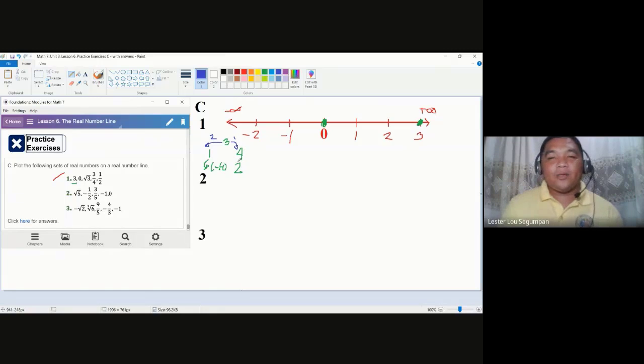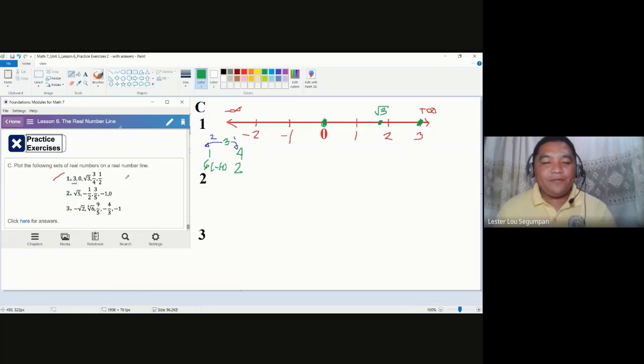So square root of 3 is closest to the square root of 4, which is 2. So we can simply write here, probably in this area, or you could get a more specific value of it, to the nearest hundredth, to locate it properly. But since again there is no other competition here, this is where square root of 3 is. Aside from the first two values, which have definite endpoints, we don't have an endpoint here, so simply place here square root of 3 to specify.